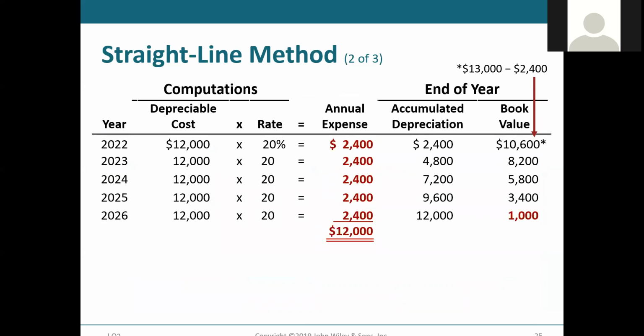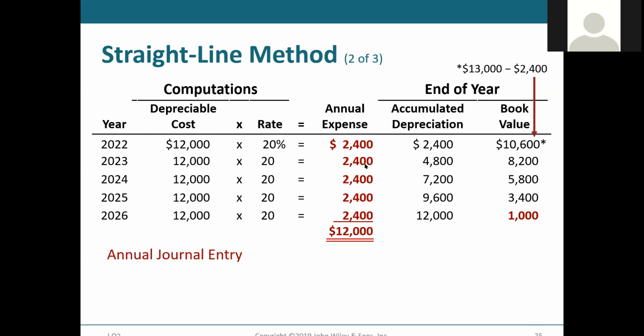And take a look at the computation. This is pretty basic. We have a 5-year life of the asset. 5 into 12,000 goes $2,400. So the expense every period is this amount. Every period, we're going to debit depreciation expense, and we're going to credit accumulated depreciation for 2,400.